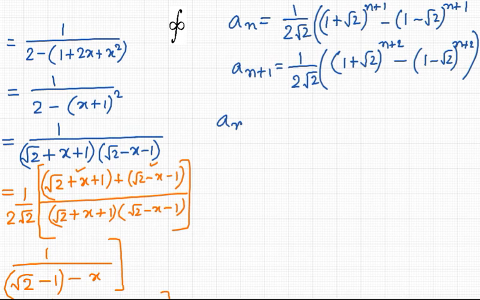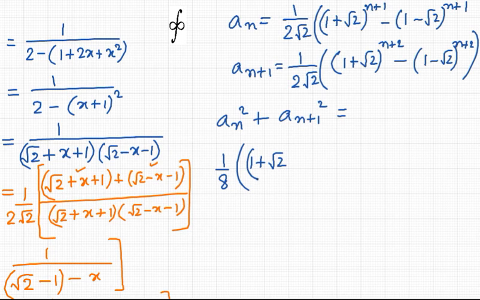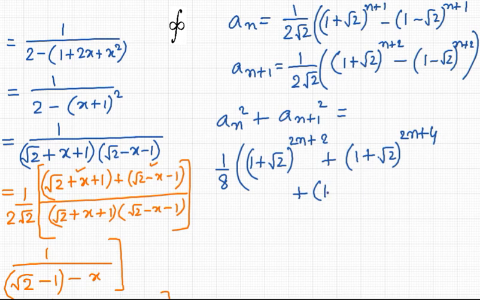So squaring and adding, we will get an square plus an plus 1 square, which will come out to be 1 by 8 into [(1 plus root 2) to the power 2n plus 2 plus (1 plus root 2) to the power 2n plus 4 plus (1 minus root 2) to the power 2n plus 2 plus (1 minus root 2) to the power 2n plus 4].